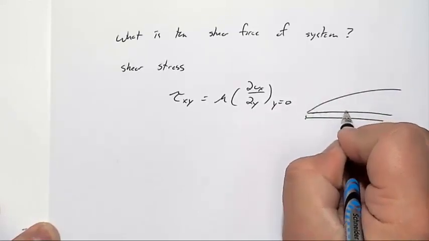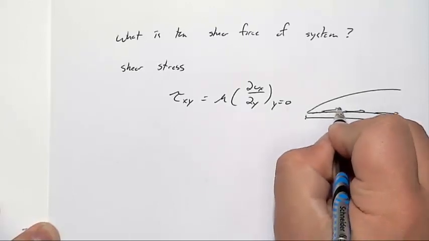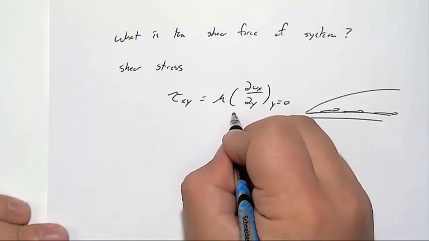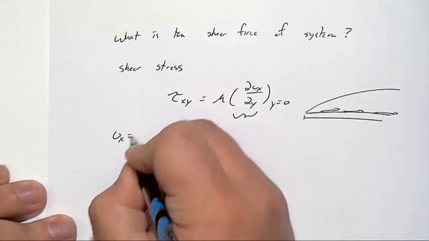Remembering that it looks like this, and then we want to know what is actually this shear force acting on this plate. So we have to evaluate what this derivative is.